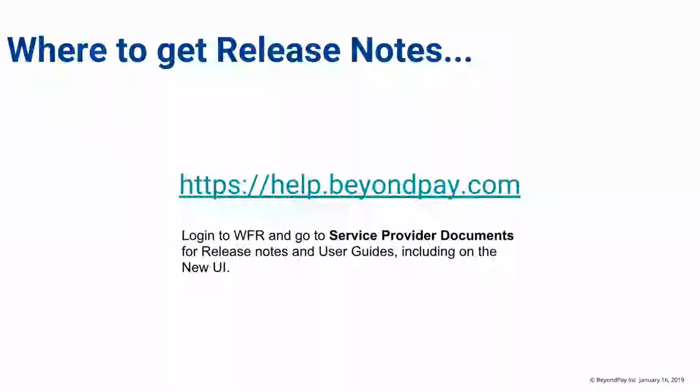You can also log into the system and go to your service provider documents. There you can download all of the release notes that have been pushed out, and then the user guides, and especially on the new UI, you can take a look at those also. So don't forget to look at that detail, because during this webinar, we're not going to be going into every detail of what's been released in December.